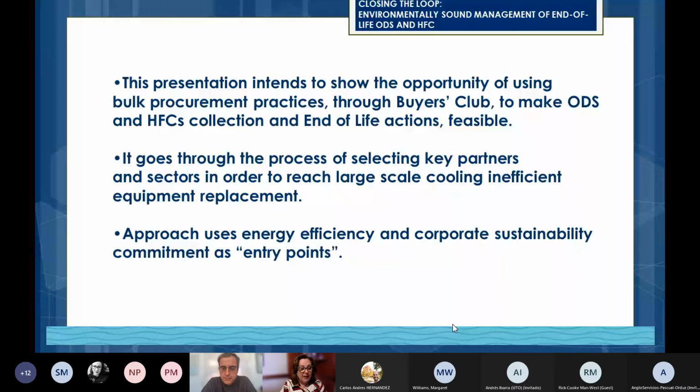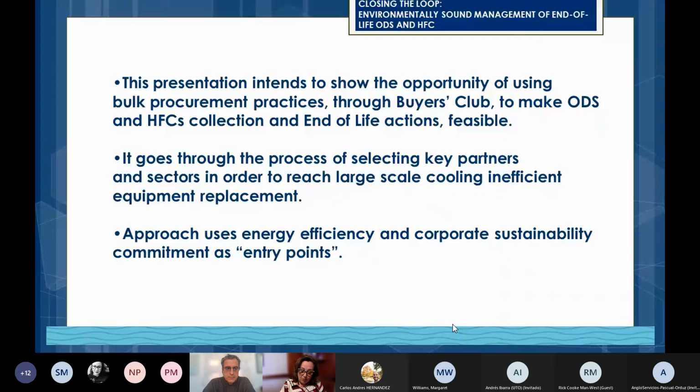I will show the steps used, including the selection of key partners and sectors that enabled us to reach large-scale replacement of air conditioning equipment, which are inefficient and use high GWP greenhouse refrigerant gases.